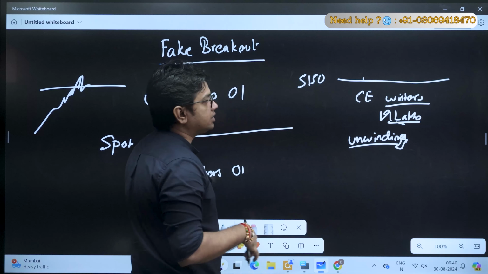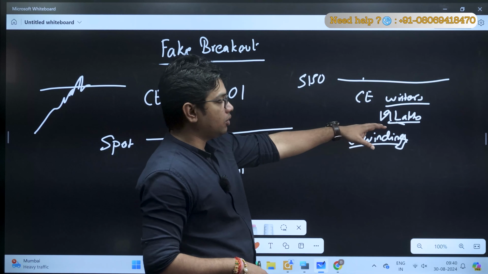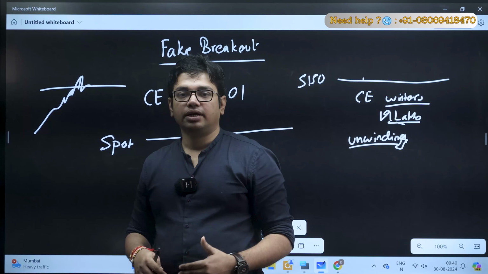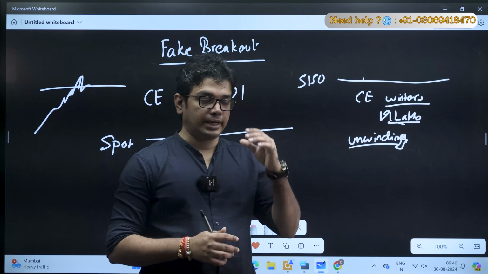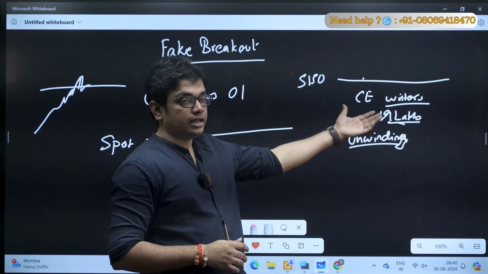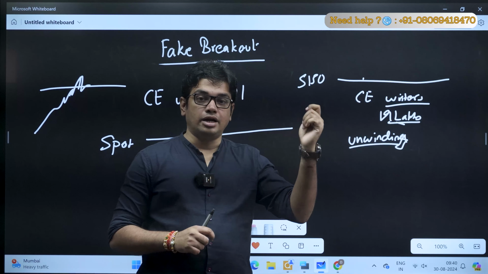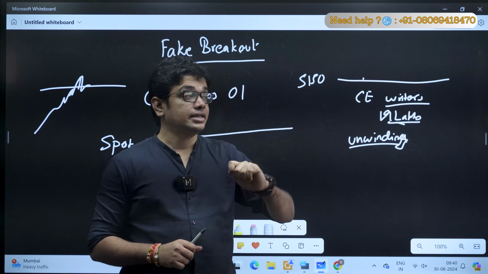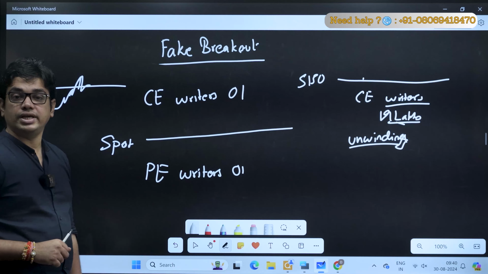If they start unwinding their position, then from this 19 lakh OI, it will reduce to 18 lakh, 17 lakh, depending upon the number of writers who are exiting their position. So from 19 lakh it will come down drastically. That unwinding percentage indicates that this particular resistance is becoming weak.